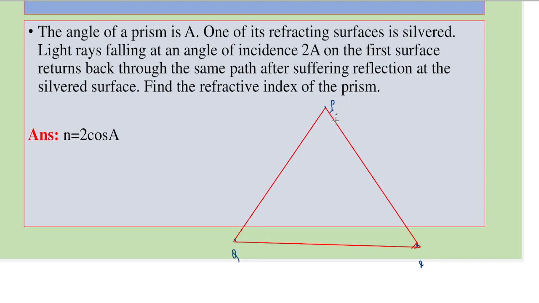Let's assume that this face is silvered. The question says the light refracts on the first surface and then returns back through the same path after suffering reflection. Whenever a light ray falls normally, it will change its path and retrace its path. So if the light ray falls like this, it refracts here, and the light ray would fall normally on this face such that this is the normal. The light ray would retrace the path. Let's draw it a little differently here.